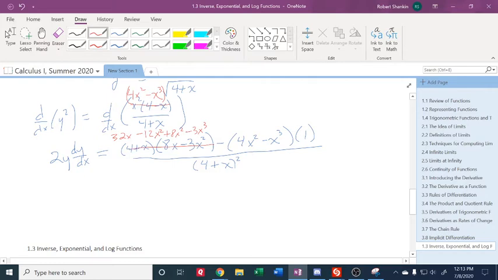So that replaces all of this. And then, so my dy dx, when I put all these together in the numerator. Now let's go back to here, I'll distribute this minus sign.